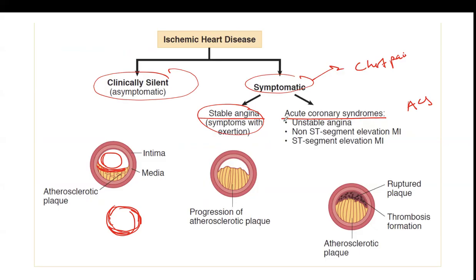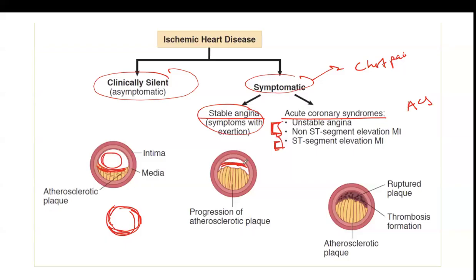Acute coronary syndrome has three things in there. We have unstable angina, non-ST elevated MI, and then ST elevated MI. The difference between the first two and this one is that unstable angina and non-ST elevated MI will have a little bit of space left.